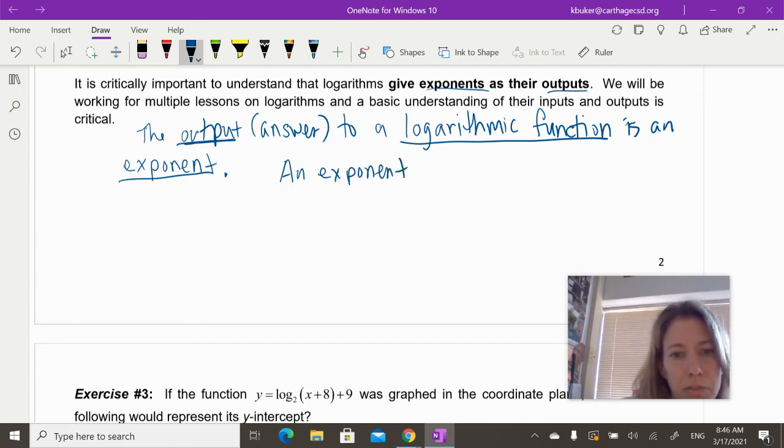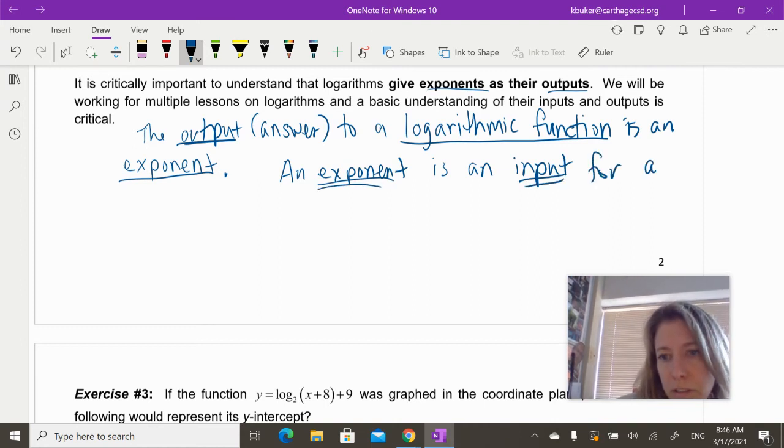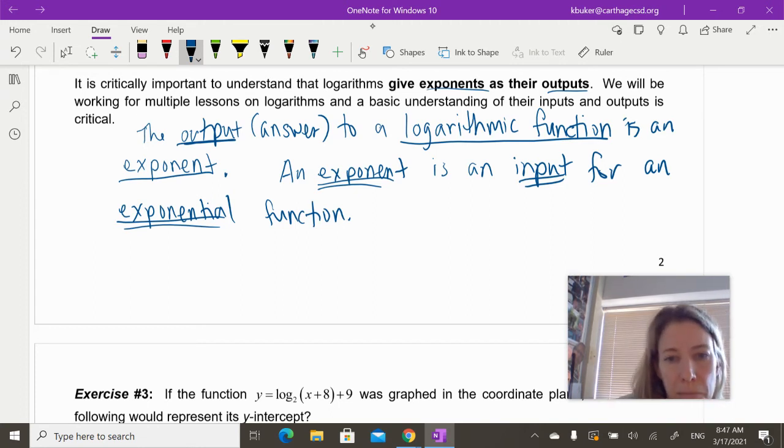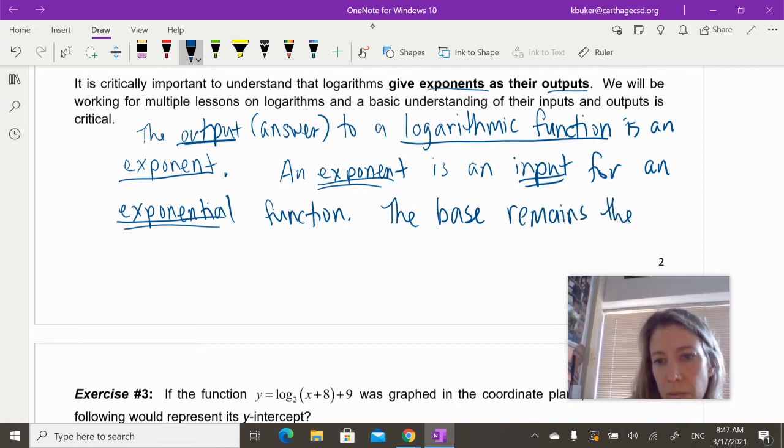It's an output of a logarithmic function, but an exponent is an input for an exponential function. Remember, the base remains the same. You just switch inputs and outputs. The base remains the same.